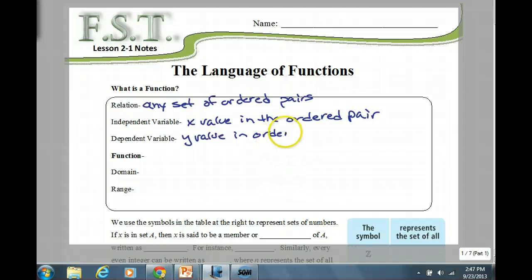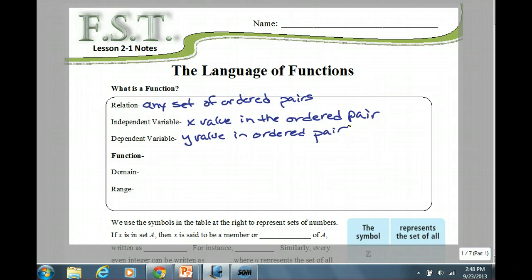When you're reading a story problem, the dependent variable is always relying on the value of the independent variable. That's the reason why they have their names, independent and dependent.